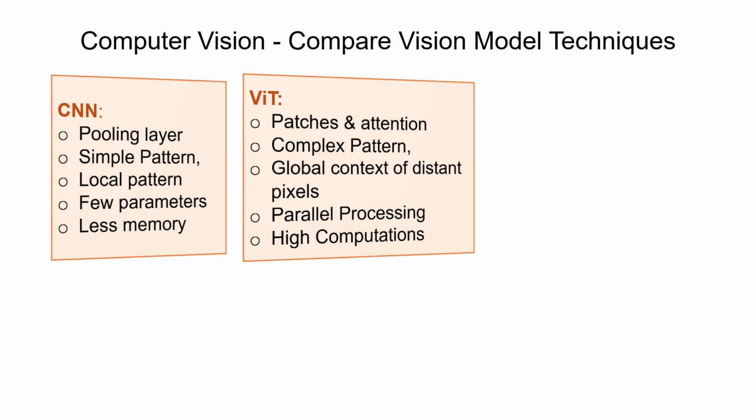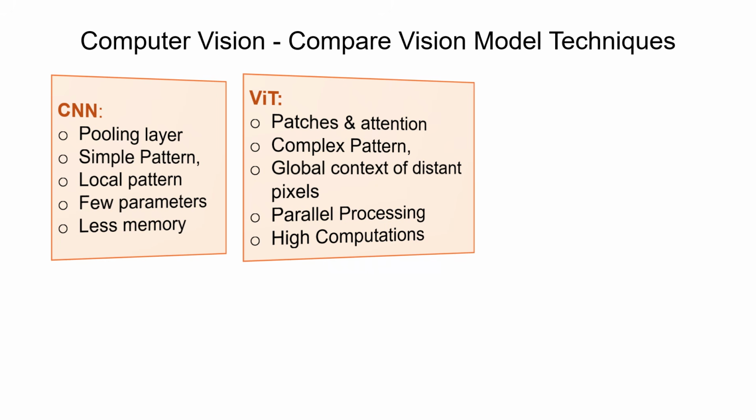Compare vision model techniques. CNN uses pooling layer to retain important information and remove noise, suitable for large data set with simple parameters. CNNs are good at identifying local patterns, that is close objects in image, close pixels. They consume less memory.